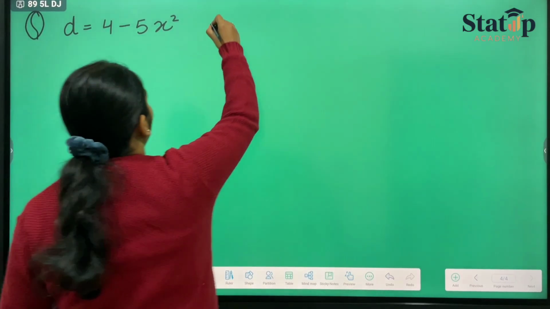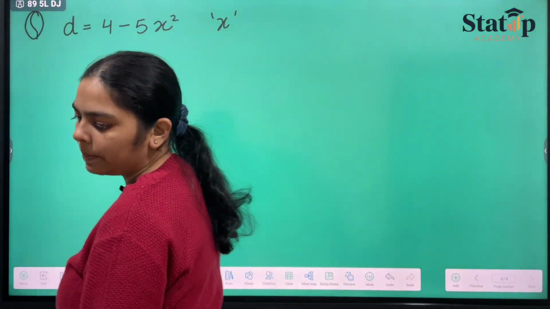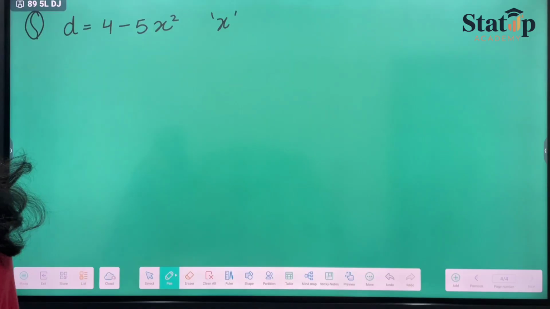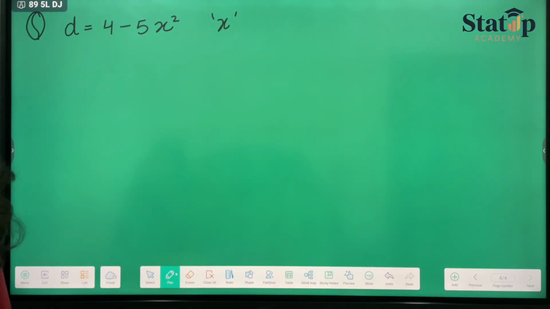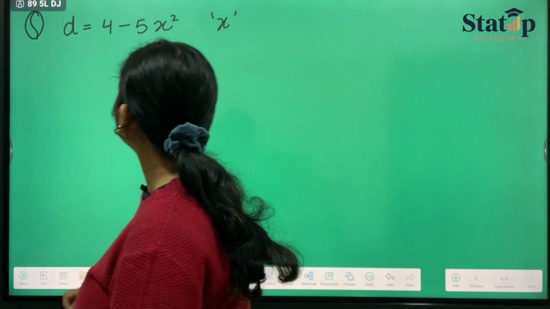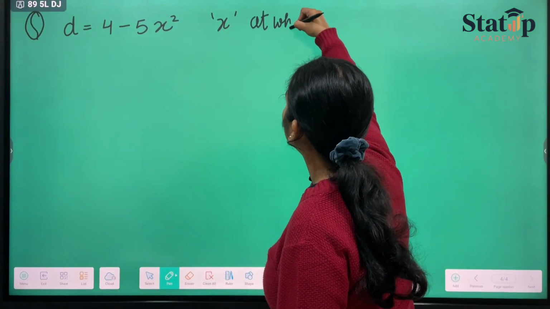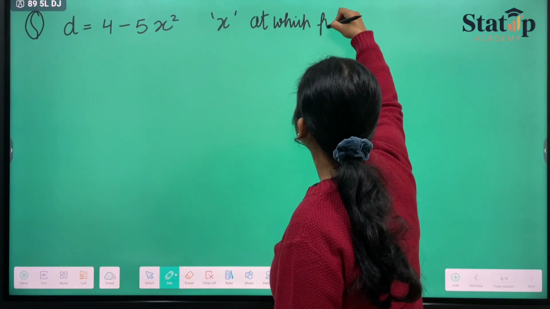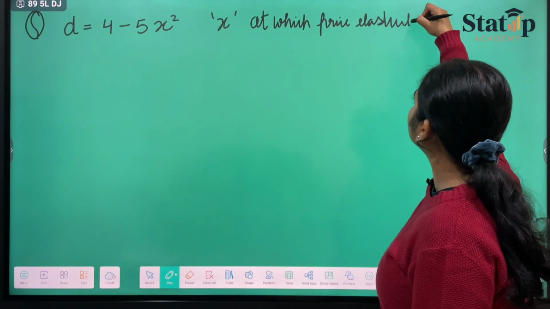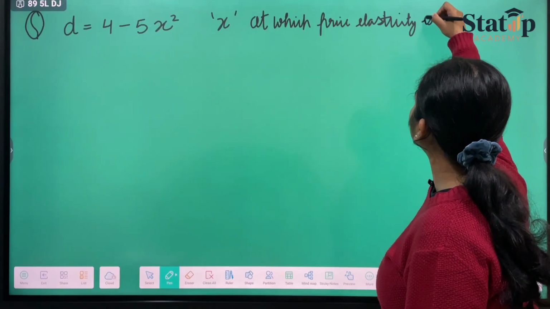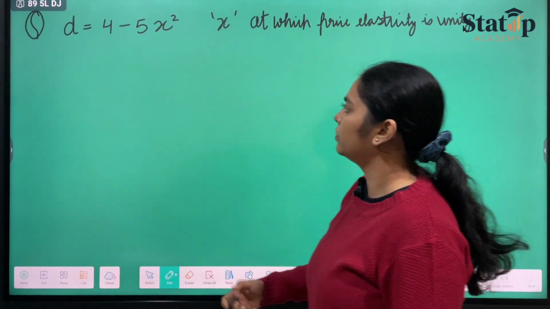We have to find the value of x, which is the demand, at which price elasticity is unity. This we have to find.